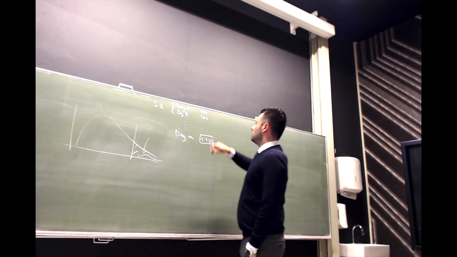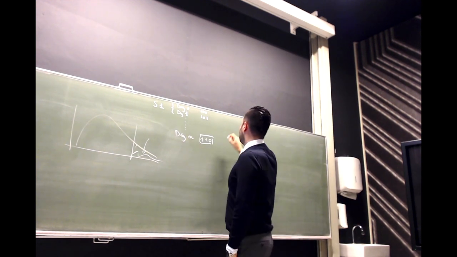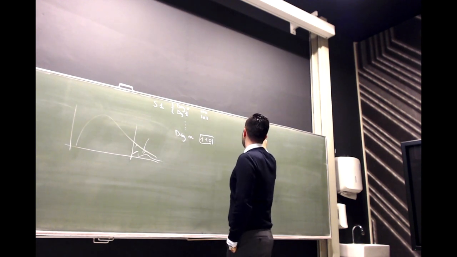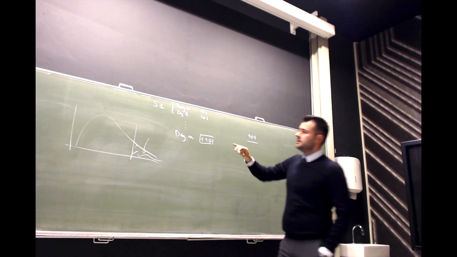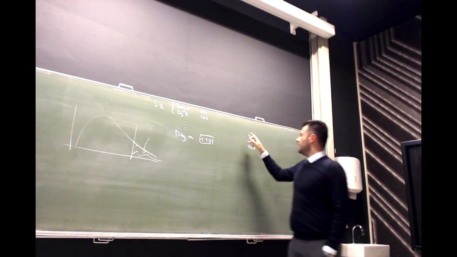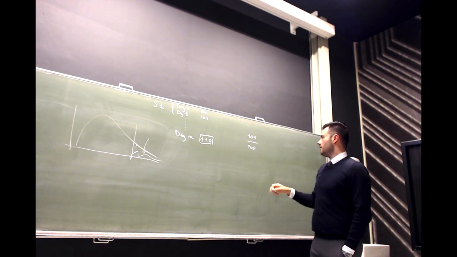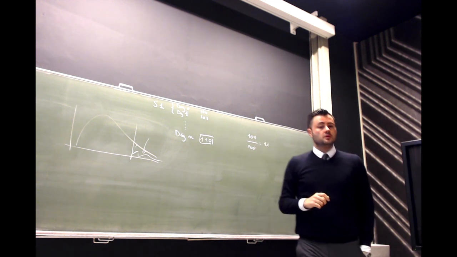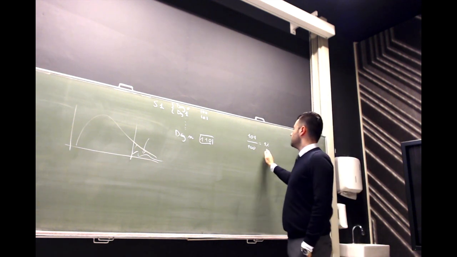Now, what do we have? We have to take 101 divided by 100, and that will be the daily variation under the first scenario. This daily variation is 1%. Okay? So we have a 1% variation.